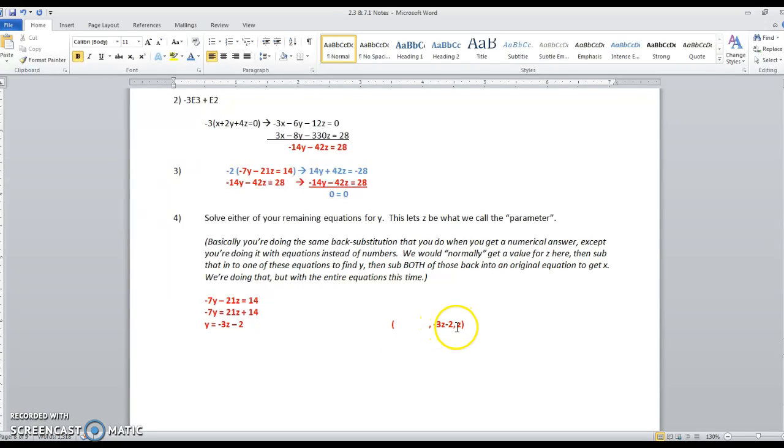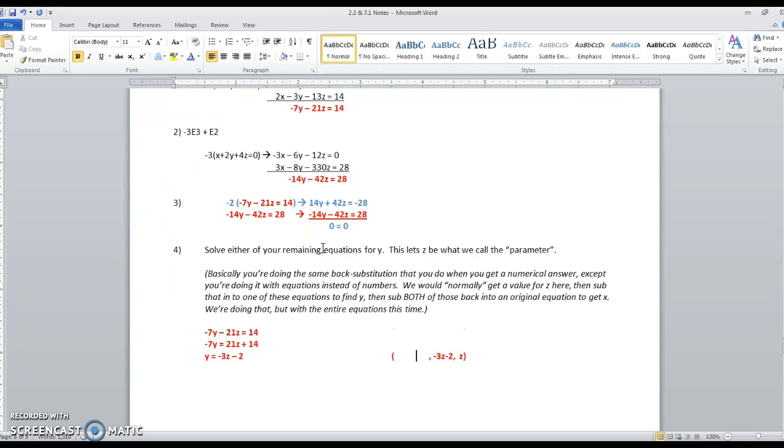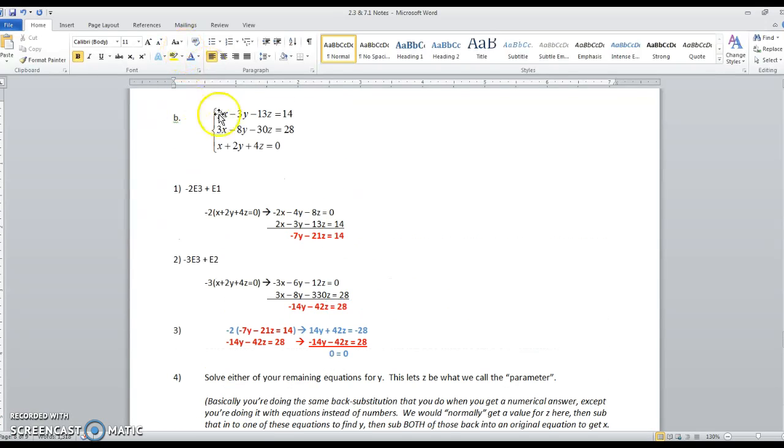So this right here is what my ordered triple so far looks like, and I still need to go back through and find x. So in a normal one, if we had found a number for z and a number for y, what we would do is go all the way back up to our original equations and sub the z and the y value in and find x.